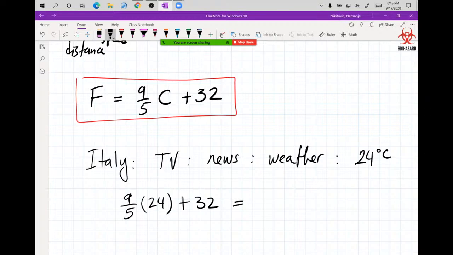These are fractions. You can make 24 into a fraction over 1 and then just multiply across. So how much is 9 times 24? Nine times 24 is 216, yes. And then you divide that by 5.